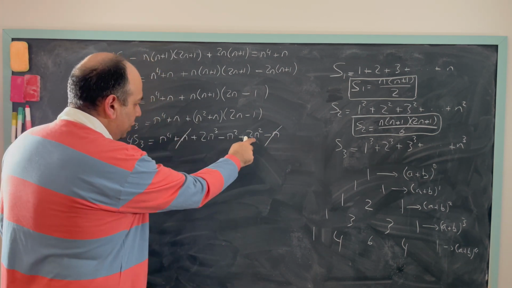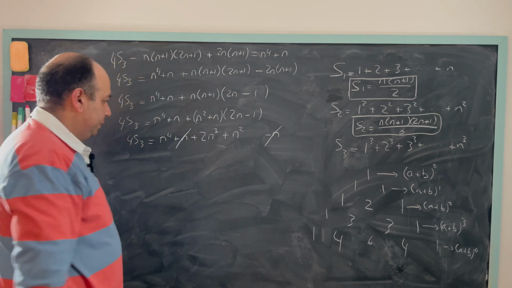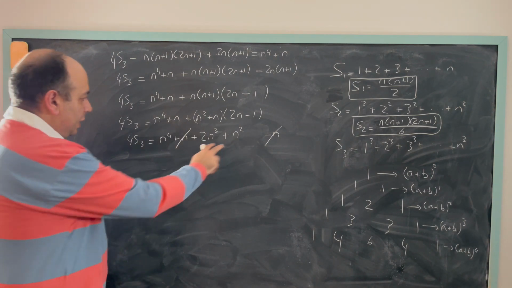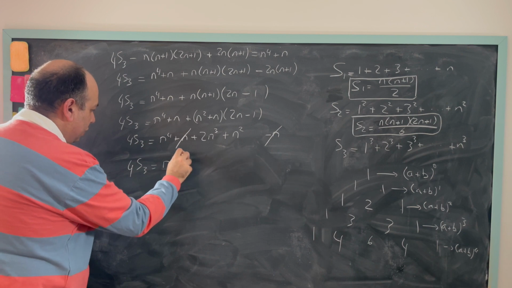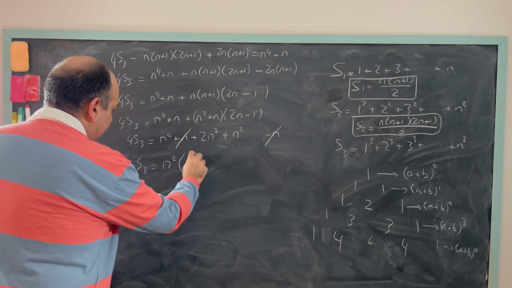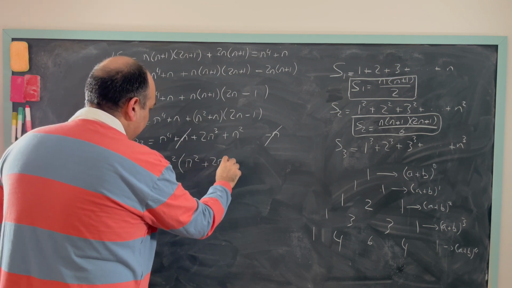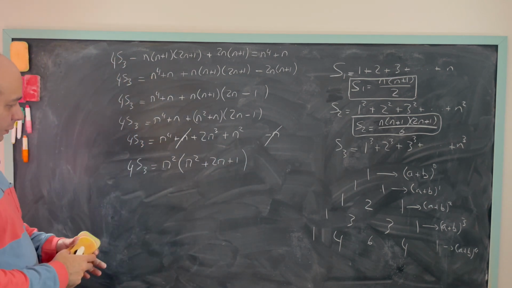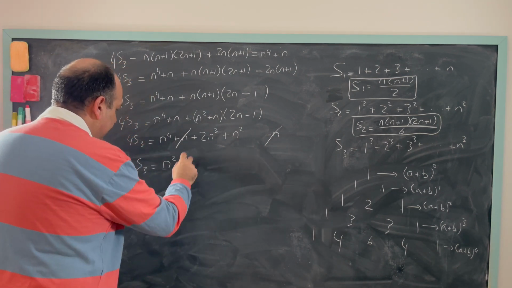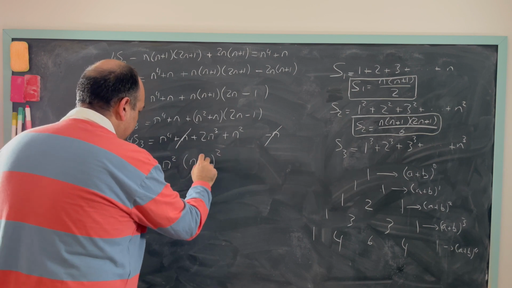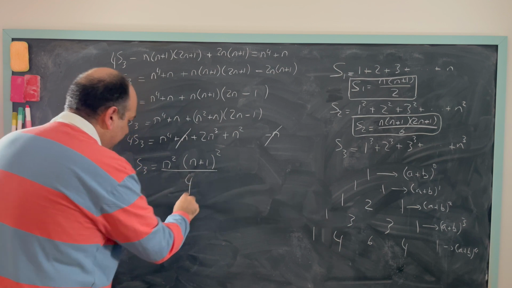So minus n squared plus 2n squared gives me just plus n squared. Okay? So I can put everything in n squared parentheses. So this gives me n squared, this is n squared, plus 2n plus 1. But what is n squared plus 2n plus 1? It is n plus 1 squared, right?